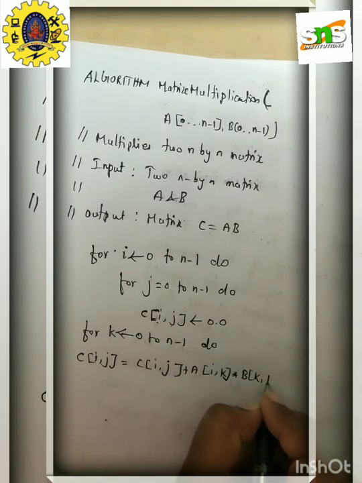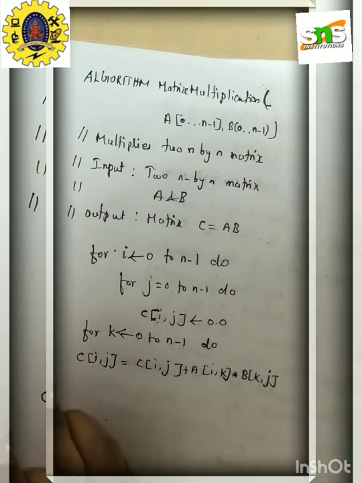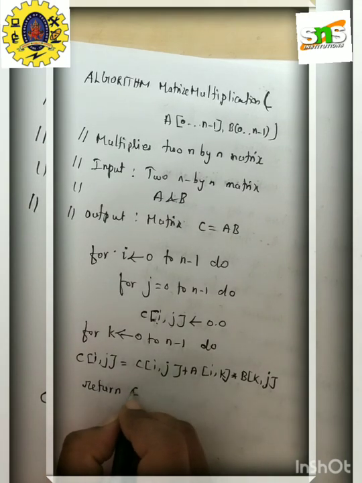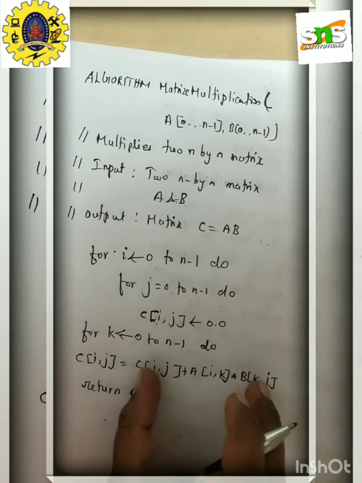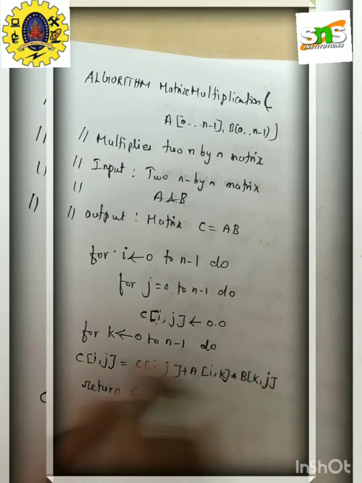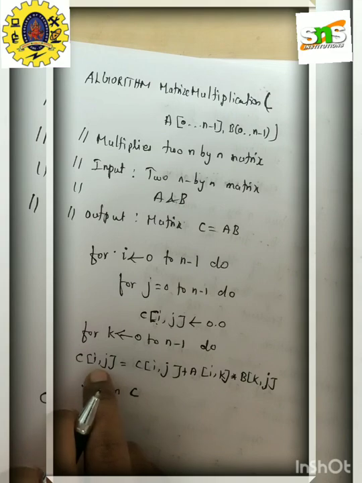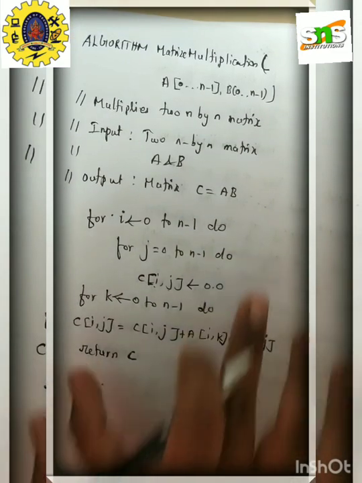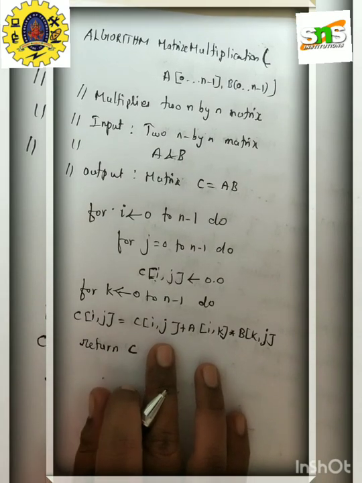No need of explaining this once again, because we already studied it in data structures and C programming. I perform the calculations and store the result in the new array C of I comma j. So this is the algorithm for matrix multiplication.